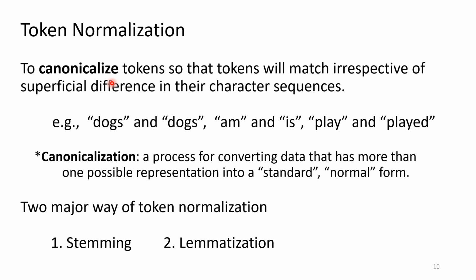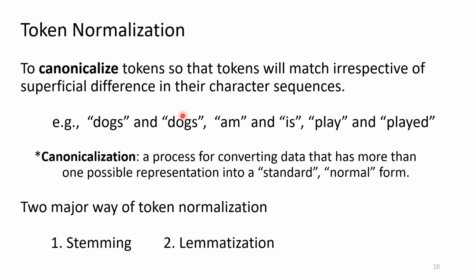We human beings can easily understand that "dogs" and "this is dog", only dog. A dog and dogs have the same meaning. The difference is the number, one dog, or two or three or four dogs.